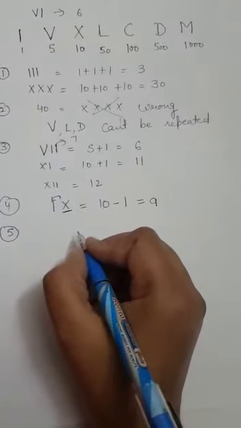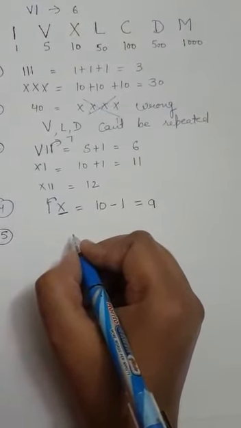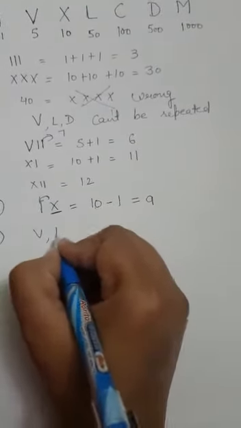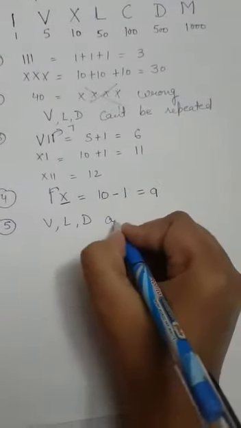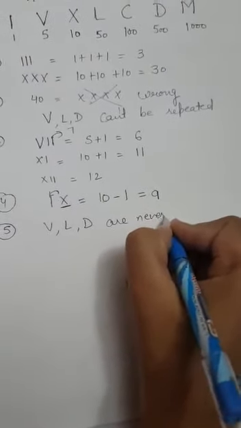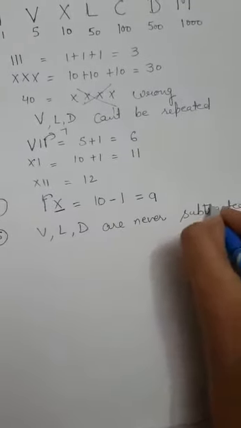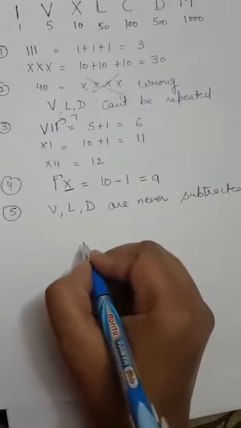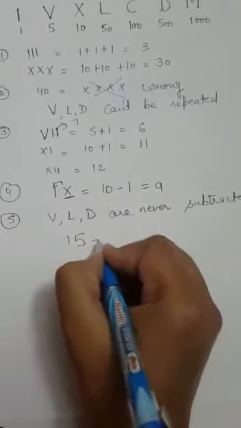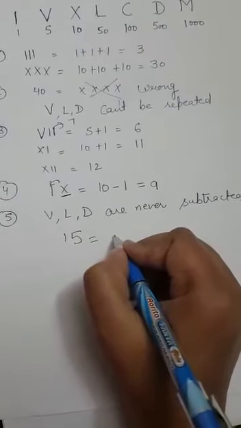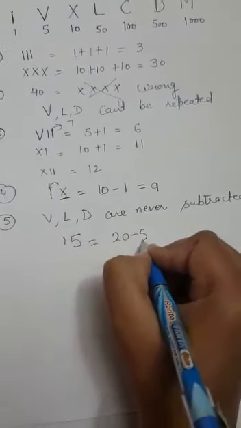Then your fifth rule: V, L and D are never subtracted. This is your fifth rule. If you have to write 15, you can't write 20 minus 5.